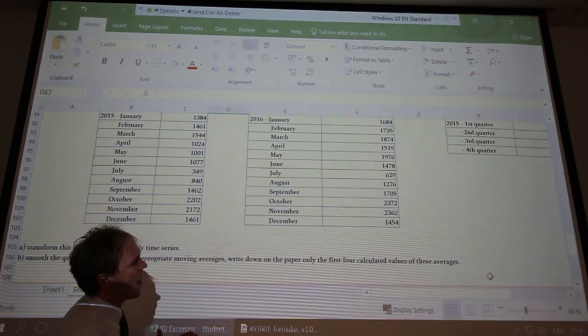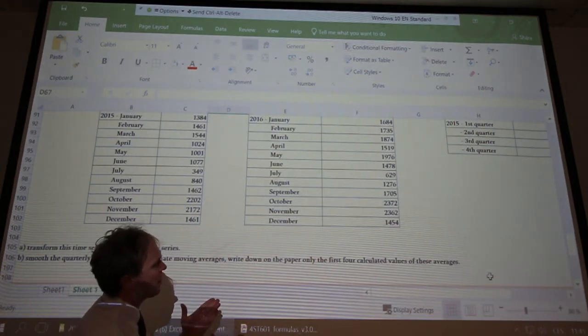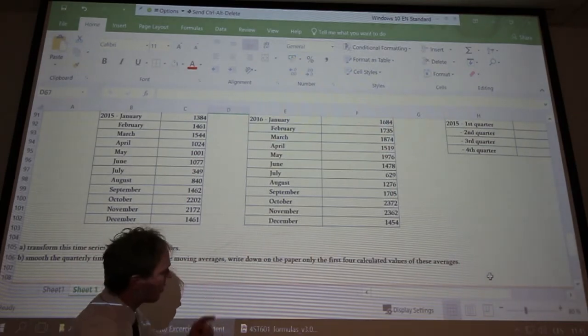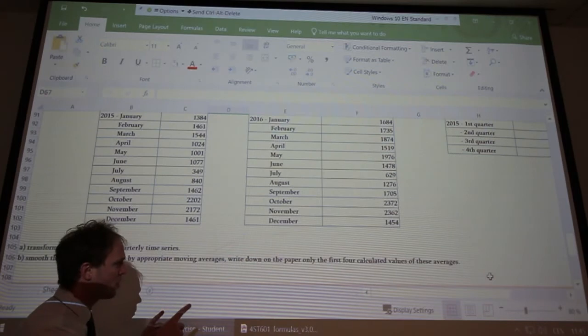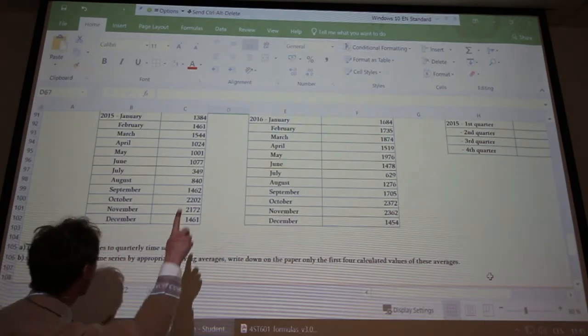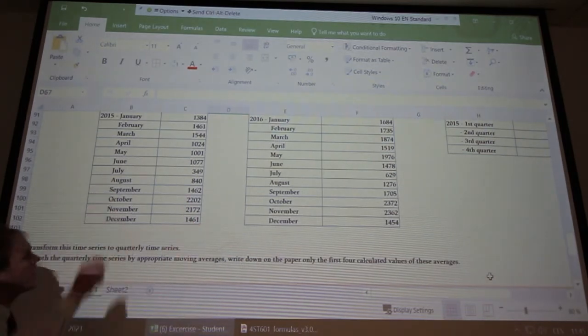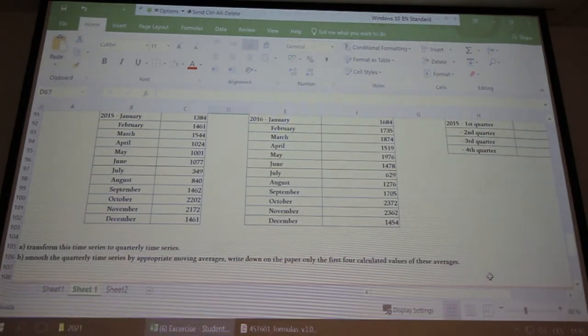After, I will rewrite this quarterly data set on the whiteboard, and I will calculate the moving averages on the whiteboard for you. So for the transformation, please check the table.